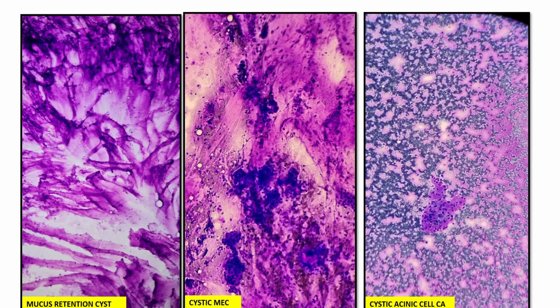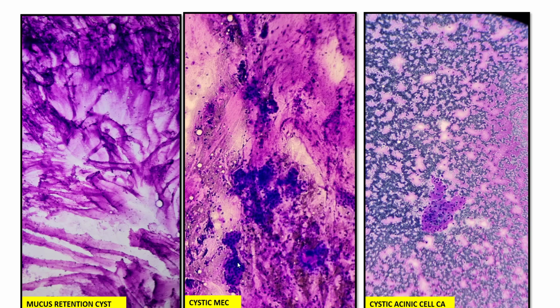Now, the next slide shows you something extremely important. This is an abundant amount of mucin, which comes from a mucus retention cyst. This one is a lesion with an abundant amount of mucin with epithelial cells which, when you go on higher power, show the features of a mucoepidermoid carcinoma.